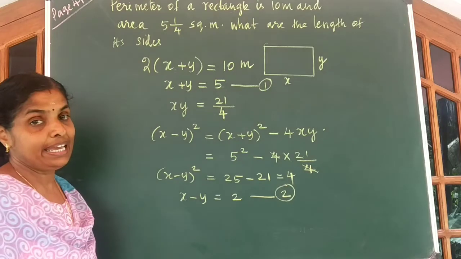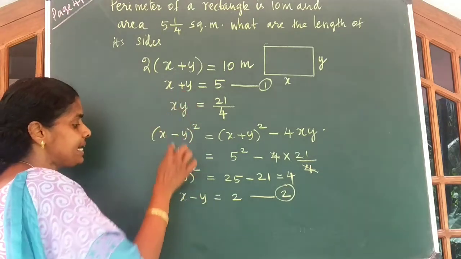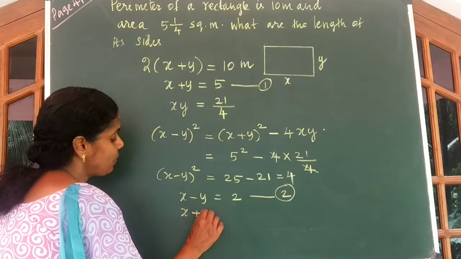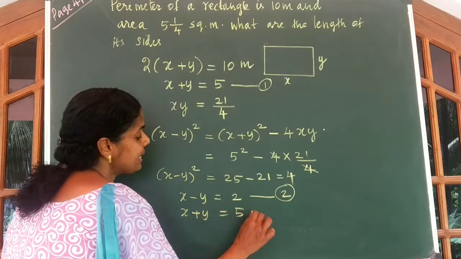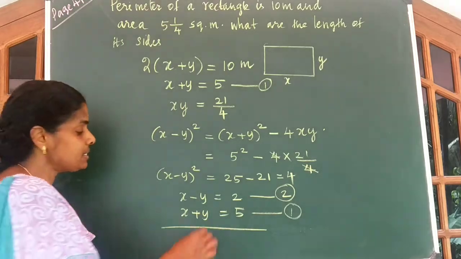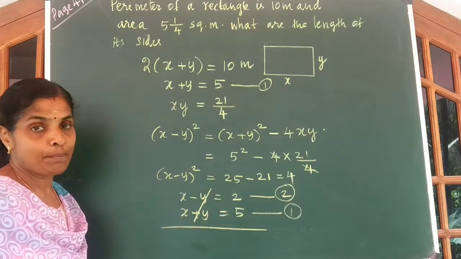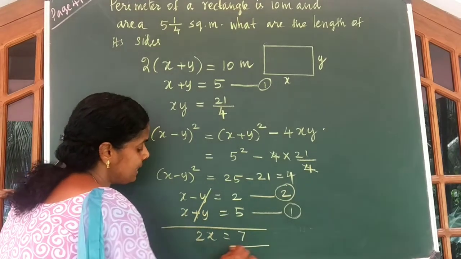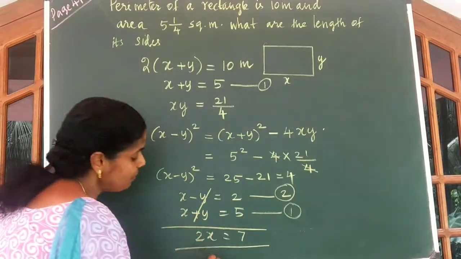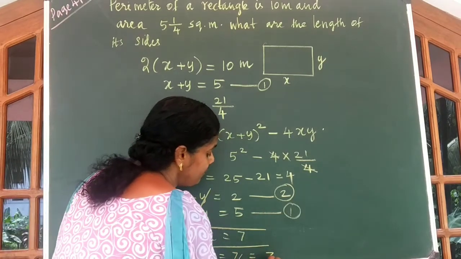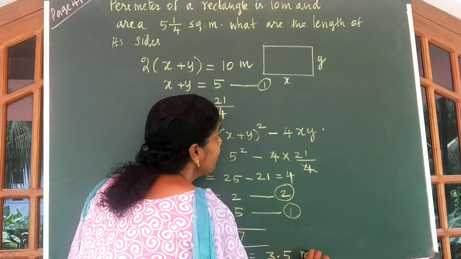Now very easily you can solve the first and the second equation. Let me write the first equation under the second equation. Now if you add the two equations, y cancels with minus y, 2x is equal to 7, which gives you x is equal to 7 by 2, which is equal to 3.5 meters.